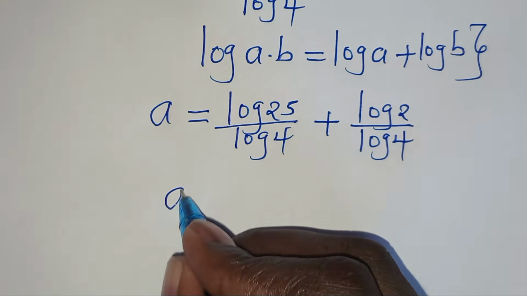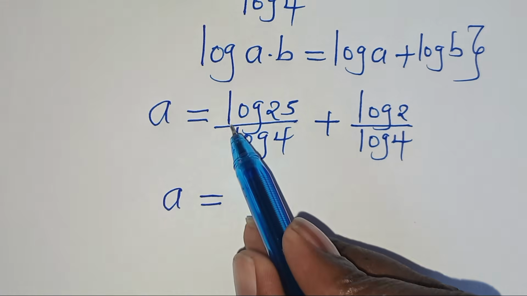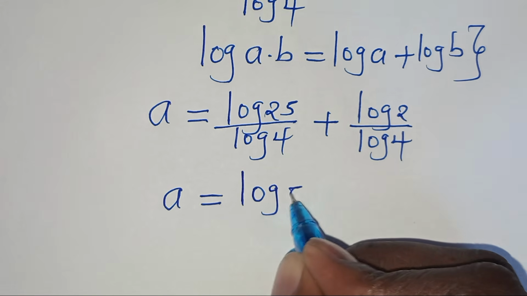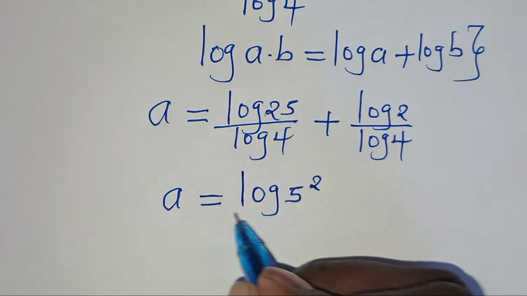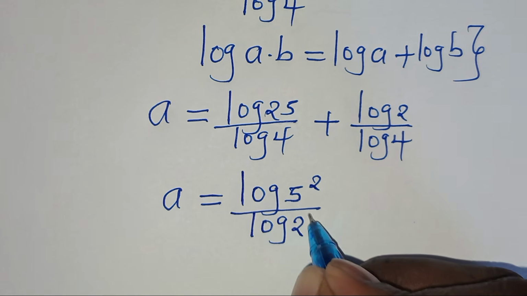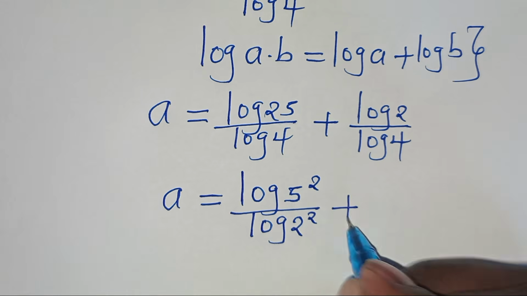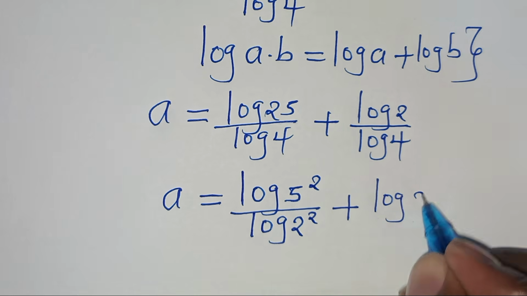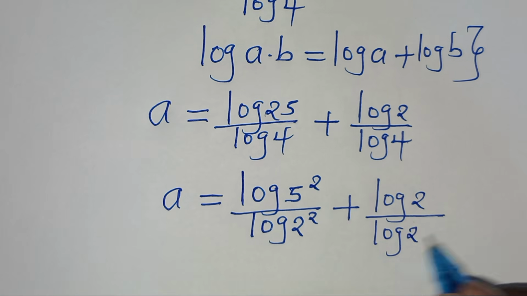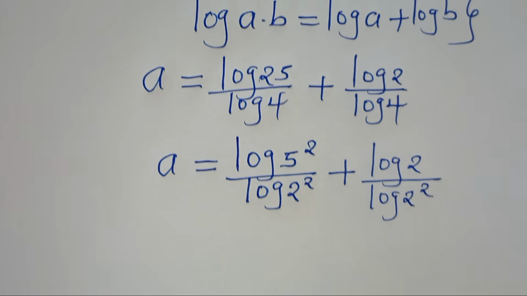So we have that a is equal to, we can express log 25. This is the same thing as log 5 raised to the power of 2 divided by log 4, which is log 2 to the power of 2, then plus log 2 divided by log 4, which is log 2 raised to the power of 2.